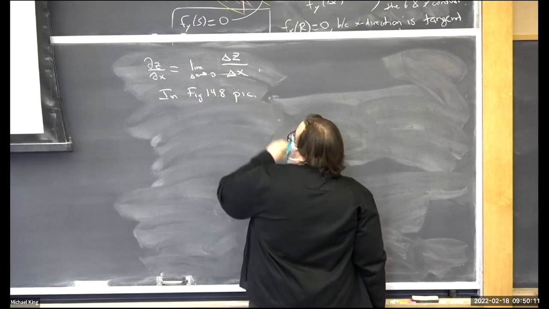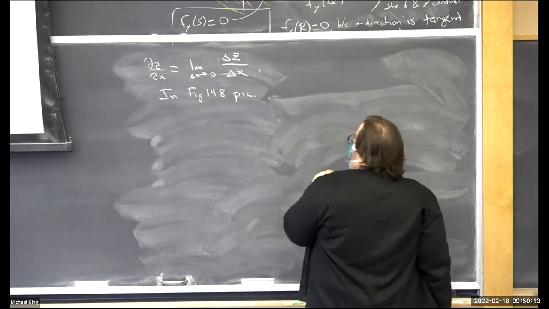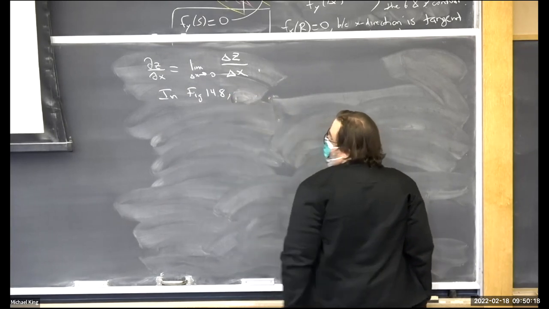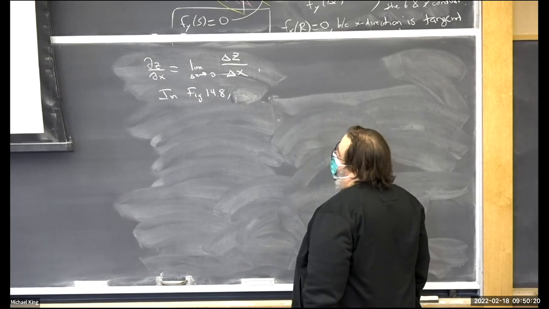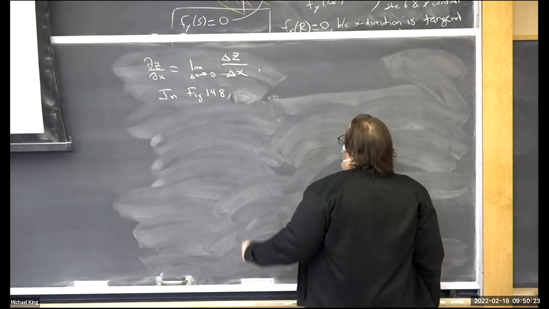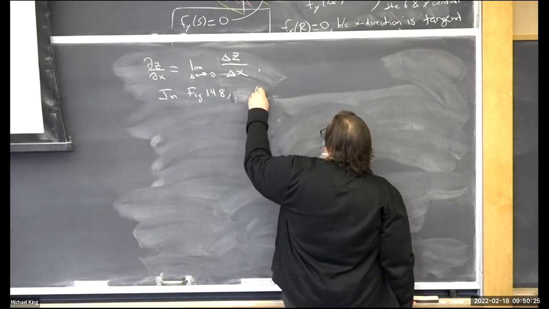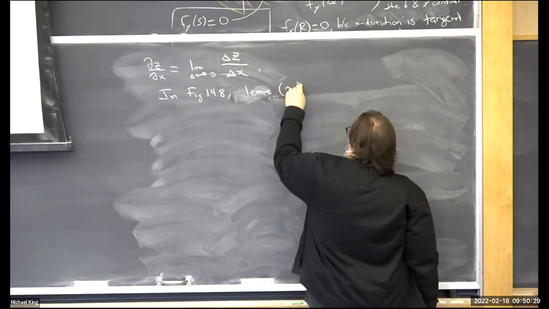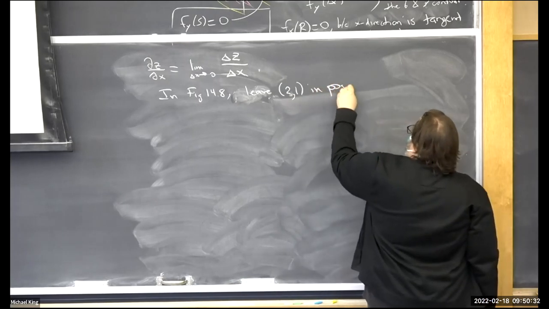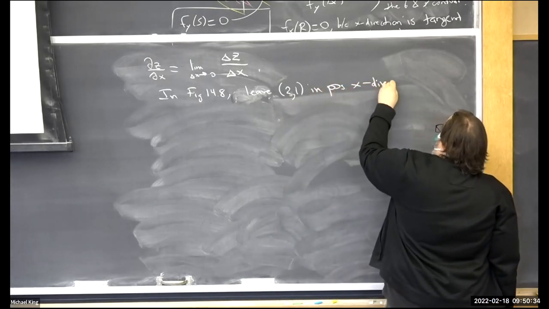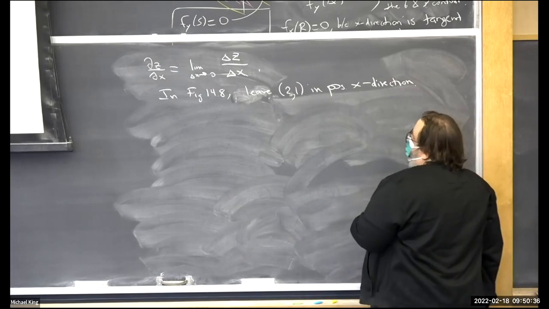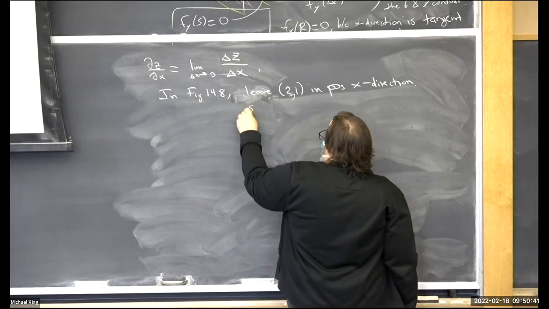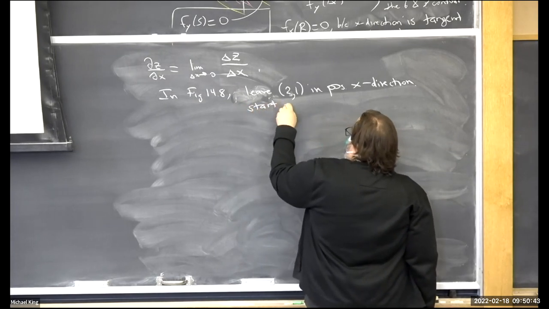it doesn't really matter what point we start at because it's all the same. In figure 14.8, if we leave (2, 1) in the positive x direction, we start on the z equals 10 contour.